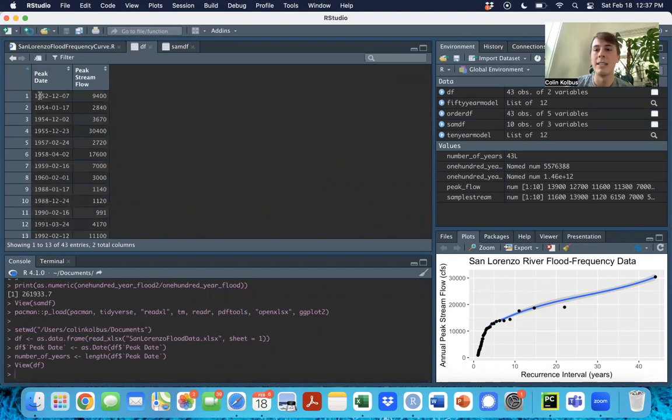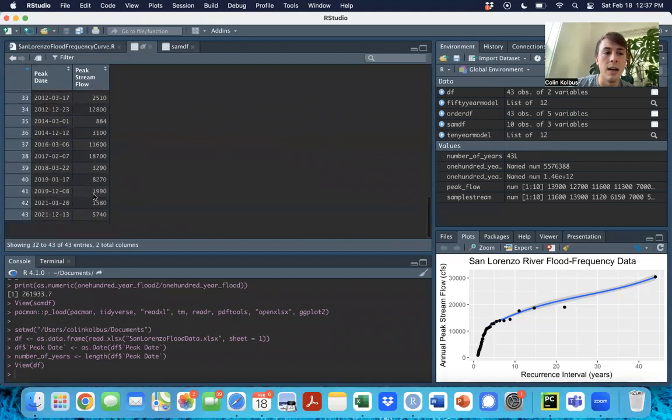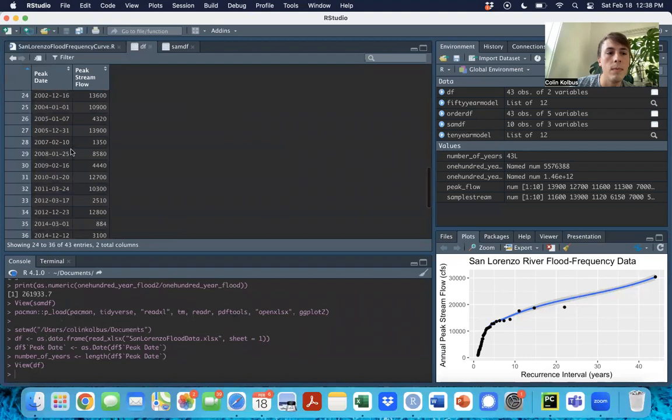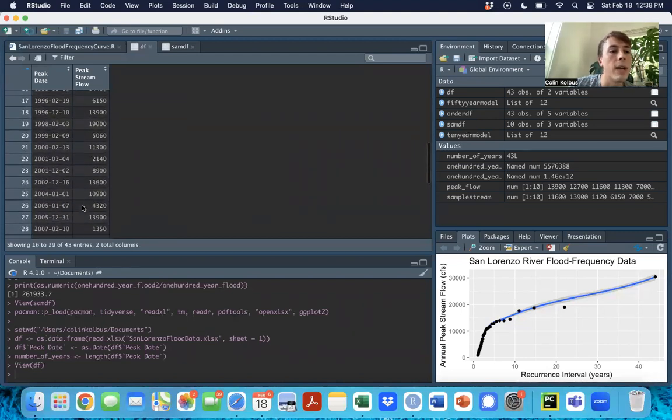It basically has the peak day, the date at which that peak flow occurred, and then the maximum stream flow for an annual year. So we've taken the maximum stream flow felt by that given point for a whole year and isolated it in this table. And so here you can see it ends at 2021. Oh, there's some years represented twice. That should be okay.